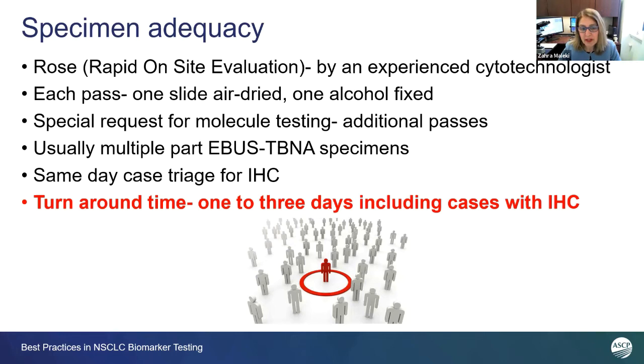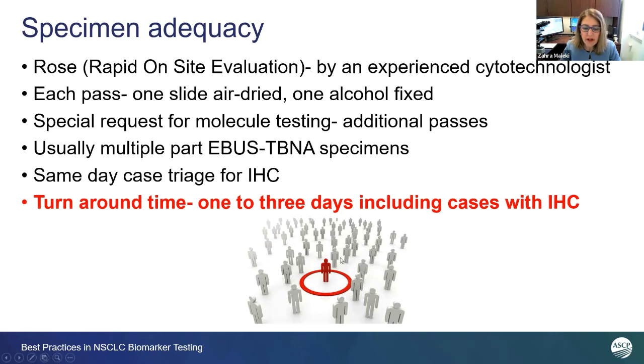Usually, as you are aware, EBUS TBNA cases come in multiple parts, and we learned in our practice that it's much better to triage our cases on the same day. So as soon as we get the material, we look at the cell block. If we have to order immunostaining, we do it on the same day. We try to keep our turnaround time as short as possible. I would say it varies between 1 to 3 days, depending on the day of the week, the complexity of the case, and the immunostains that we are going to order.